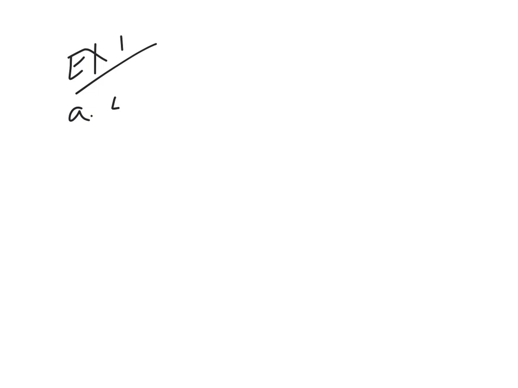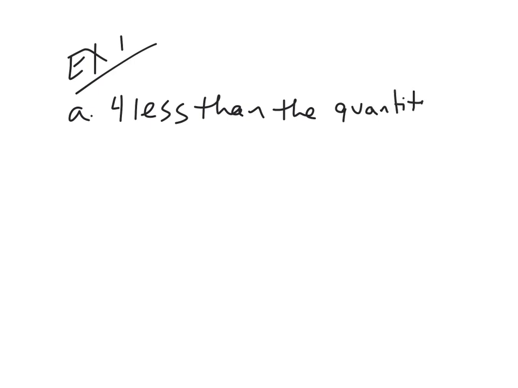So for A, it says 4 less than the quantity six times a number n. Okay, so how would I put this? Try not to look at the answer.